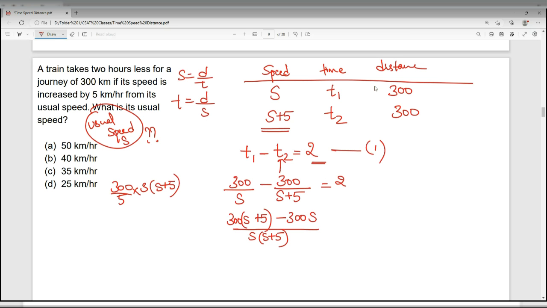So S gets cancelled. The remaining part is 300 into S plus 5, and that is equal to 2. So we have 300S plus 1500, as 300 into 5 is 1500, minus 300S is equal to 2 into S into S plus 5.